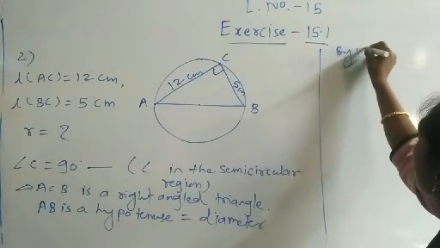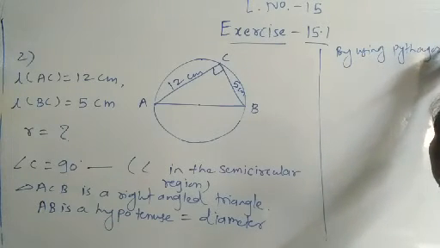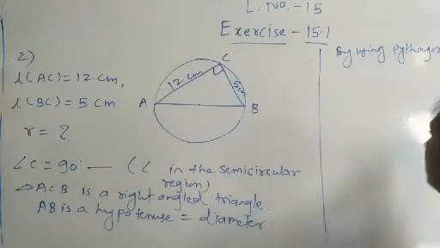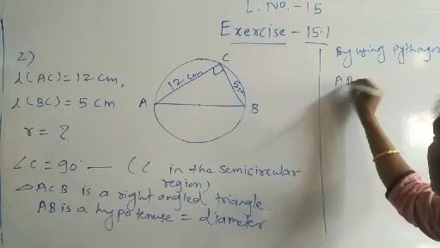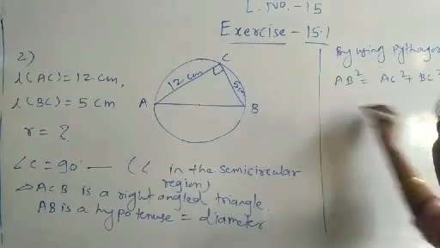So by using Pythagoras theorem, AB square is equal to AC square plus BC square.